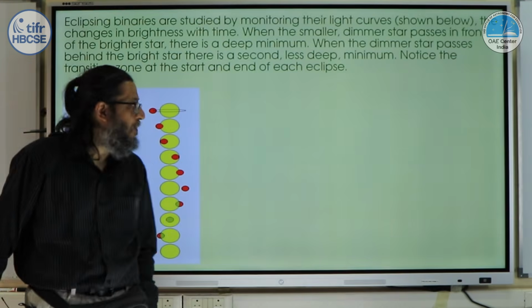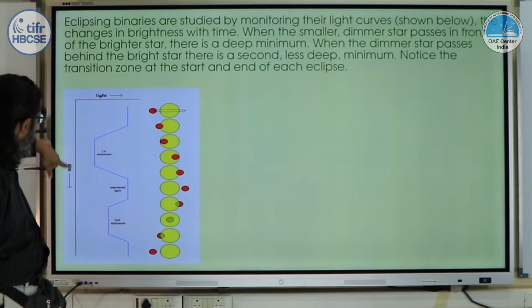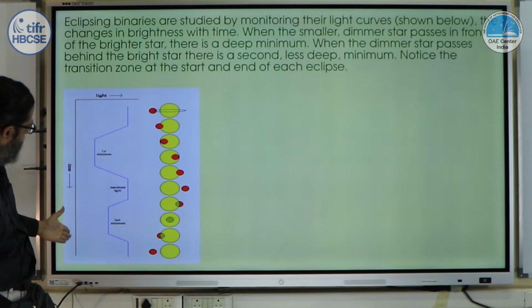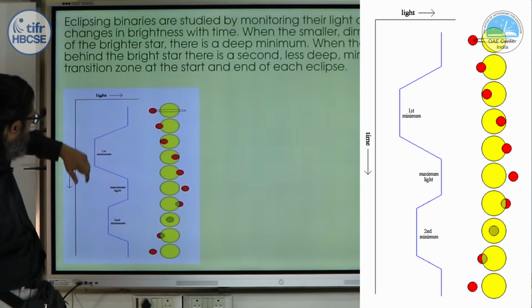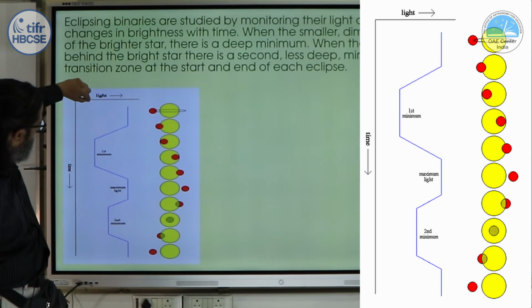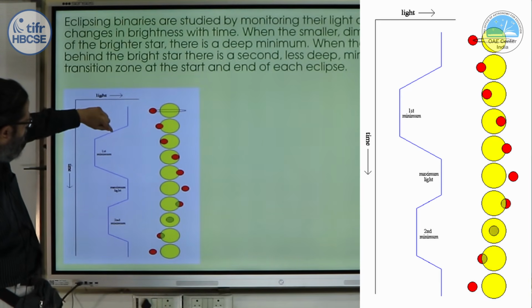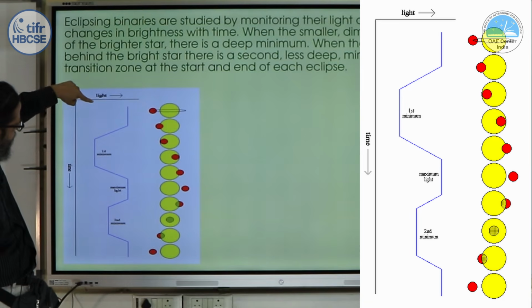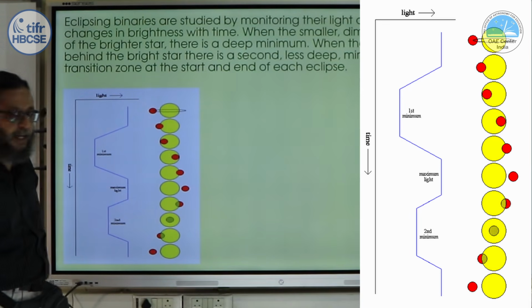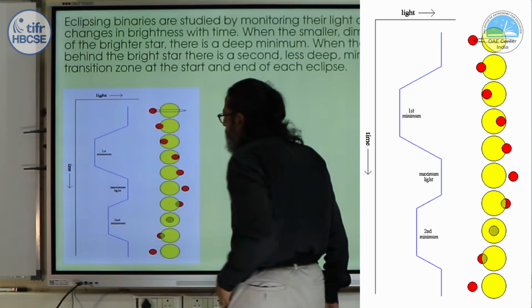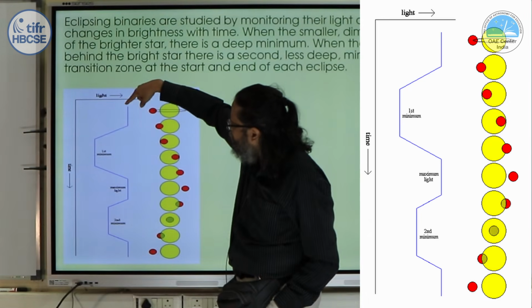So you can very well see that if this is my time axis, and this is the total light that you're receiving, so this is the axis which gives the total light, with 0 here. This is how the light as a function of time will be observed.